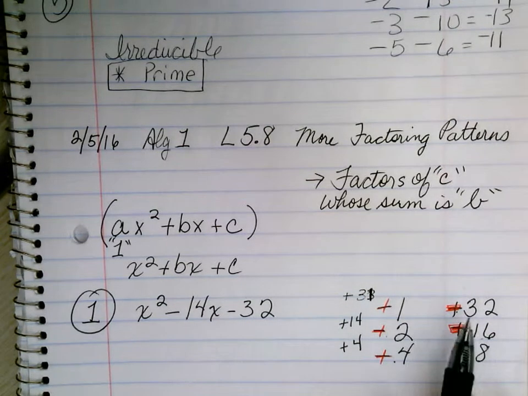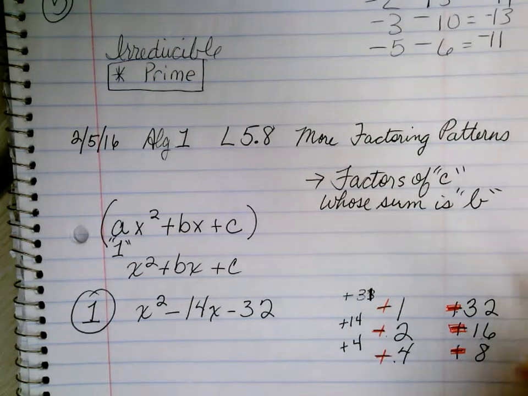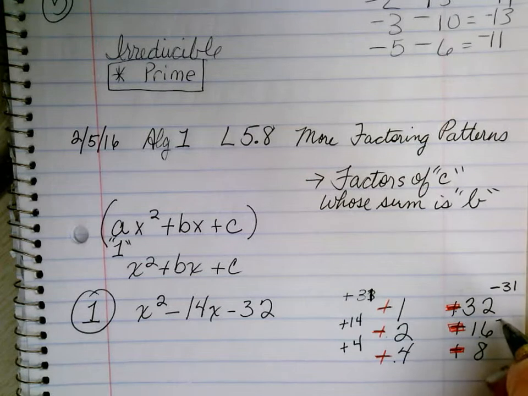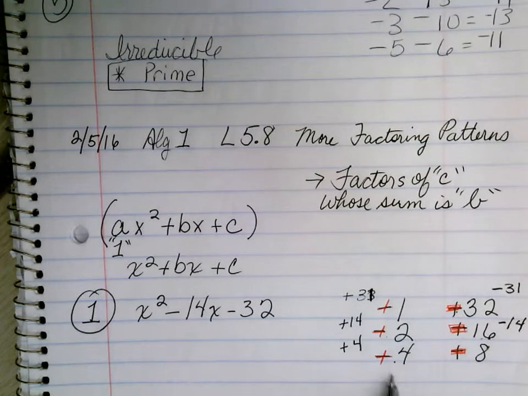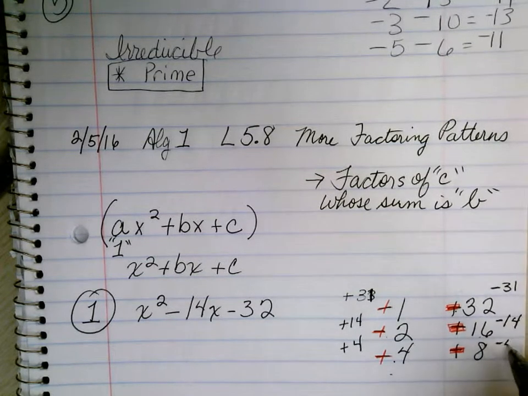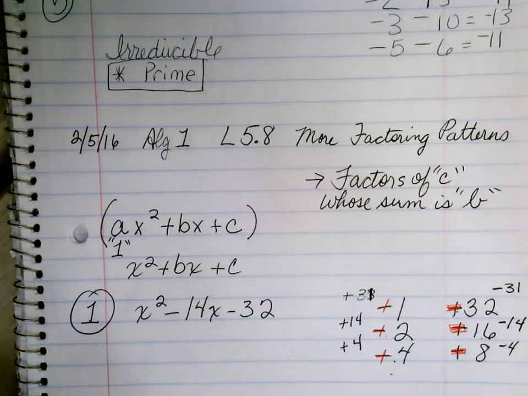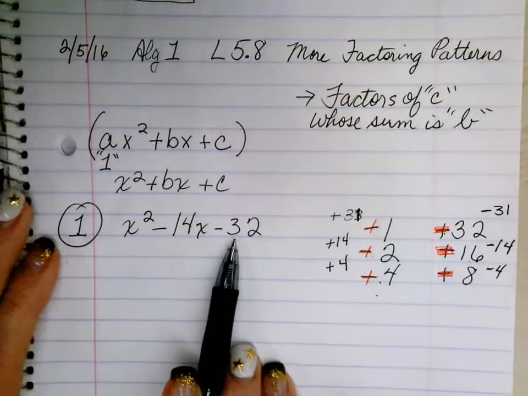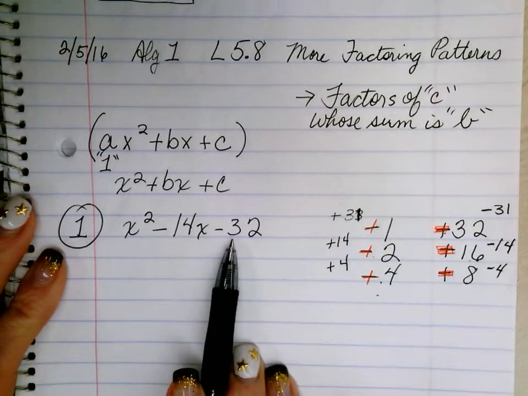Sorry, guys. So negative, positive. So this is a negative 31. The sum here is a negative 14. And the sum over here is a negative 4. Okay? Factors that create the C that when added together equal B.